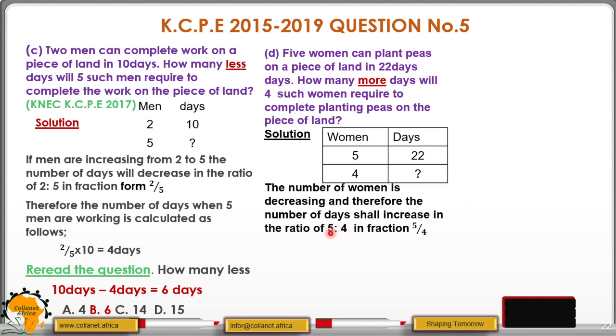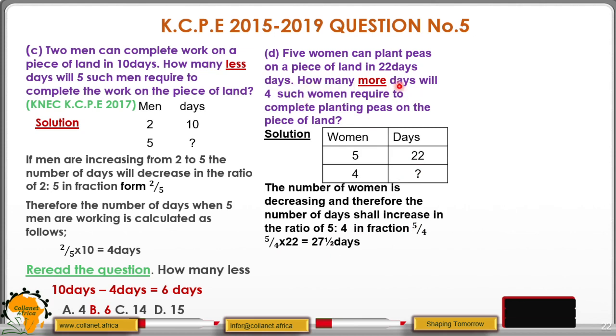So the ratio, the increasing ratio, there is a kind of inverse relationship. So therefore 5/4 as a fraction. To get the number of days, it will be 5/4 multiplied by 22 to get 27.5 days. So these are the number of days 4 such women will require.